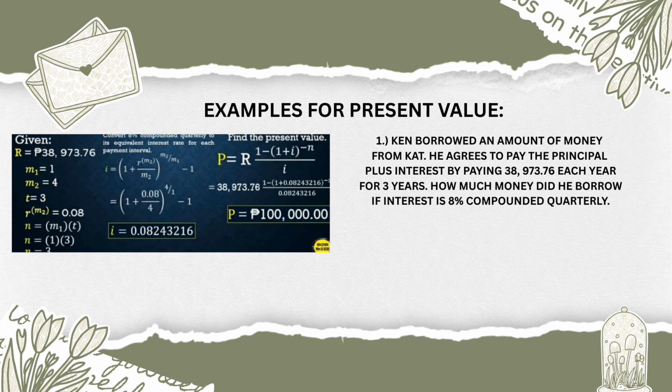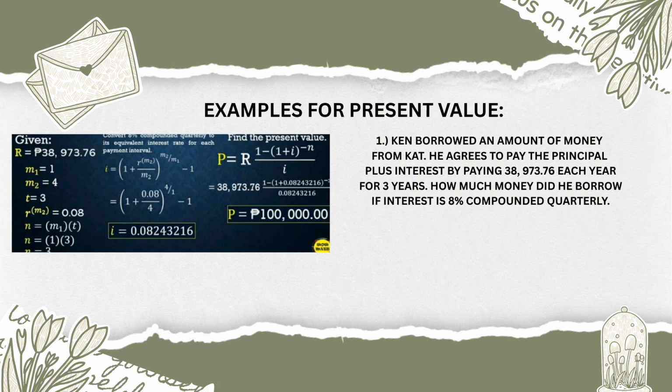i equals 0.082432216. And for the formula, it's P equals R times the fraction 1 minus 1 plus i raised to the power of negative n over i.